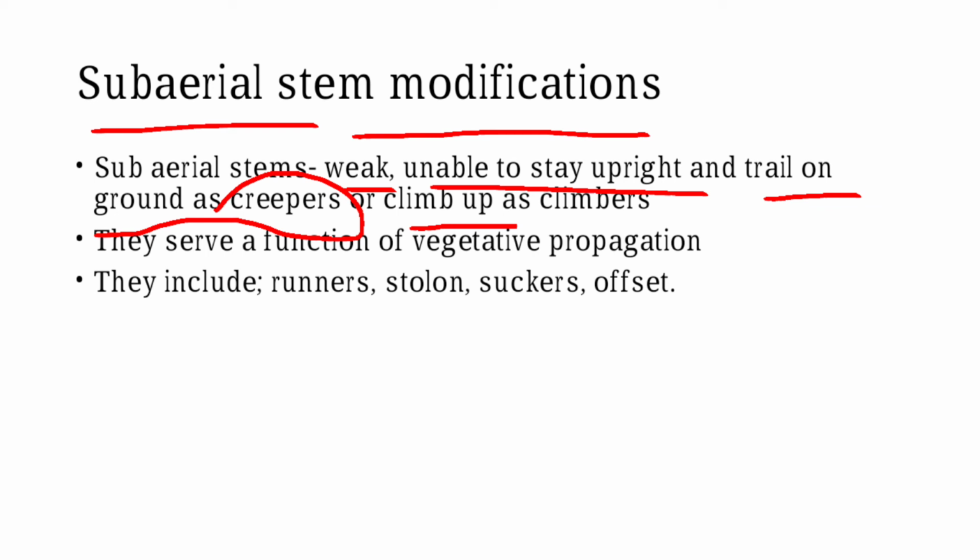And they serve a major function of vegetative propagation, meaning that they can grow into a new offspring when conditions are favorable. And they include runners, stolons, suckers, and offsets.